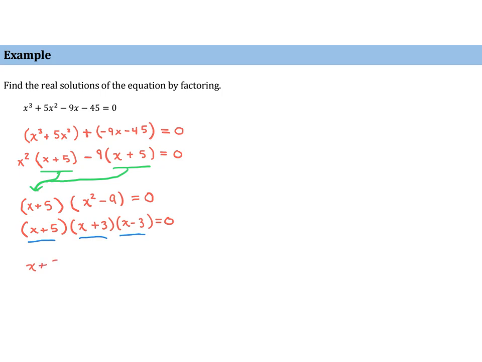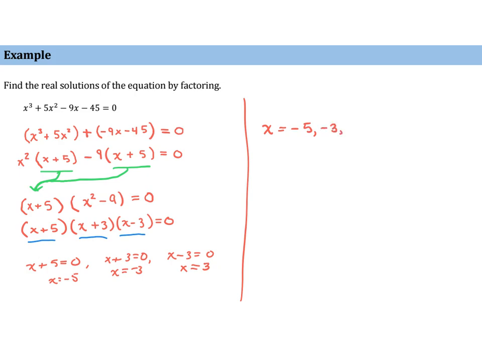So x plus 5 equals 0, x plus 3 equals 0, x minus 3 equals 0. So x equals negative 5, x equals negative 3, x equals 3. So we have three solutions that would satisfy this equation. X equals negative 5, negative 3, and 3.